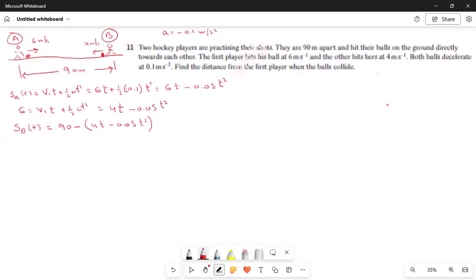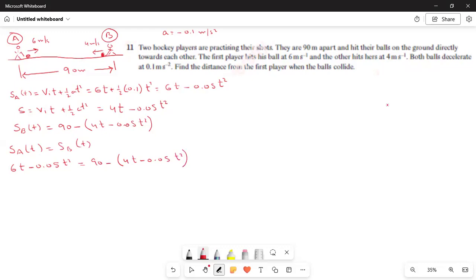So at that point, what happens? S_A(t) would be equal to S_B(t). That means 6t minus 0.05 t squared is going to be equal to 90 minus 4t minus 0.05 t squared.